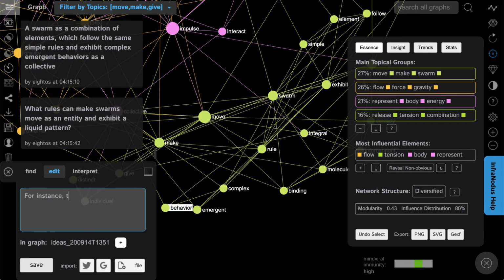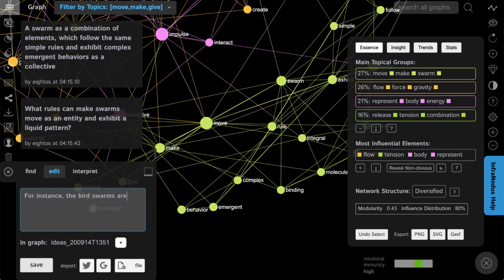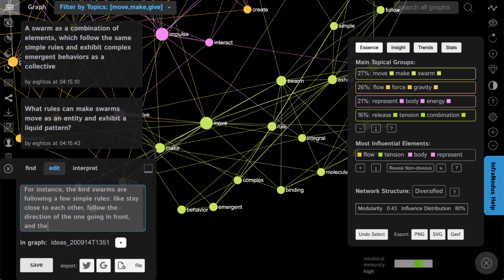For instance, bird swarms are following a few simple rules, like stay close to each other, follow the direction of the one going in front, and then they align into complex patterns, and if there is an obstacle, they change the direction.